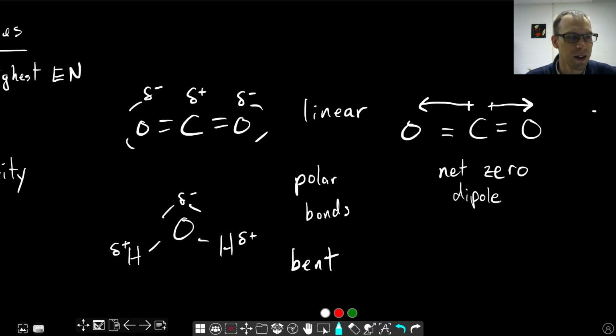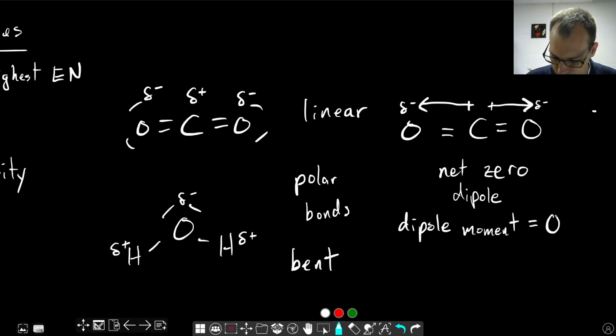Basically, we're going to have a negative charge over here, but it's going to be balanced out by a negative charge over here, and so the overall charge on the whole molecule is 0. This overall displacement of electrons, this overall charge disparity on a molecule, is what we call the dipole moment. And carbon dioxide has a dipole moment equal to 0.